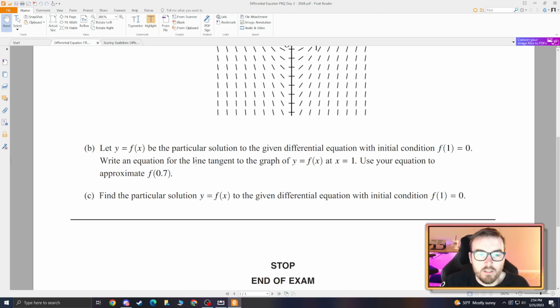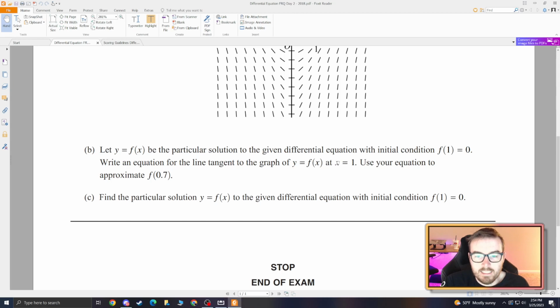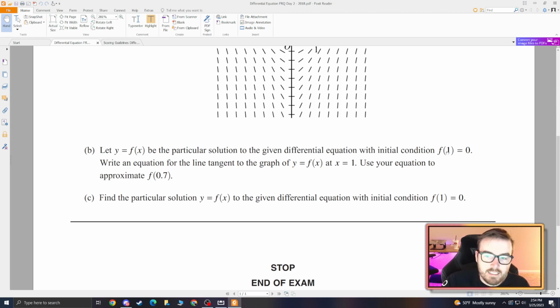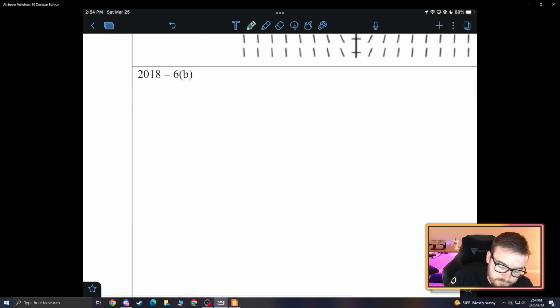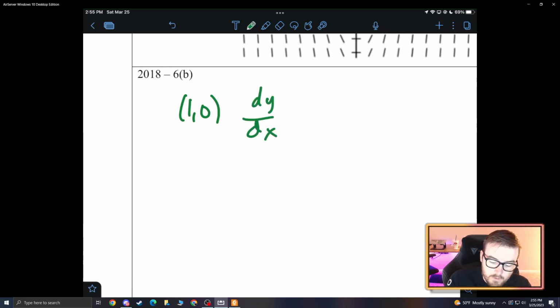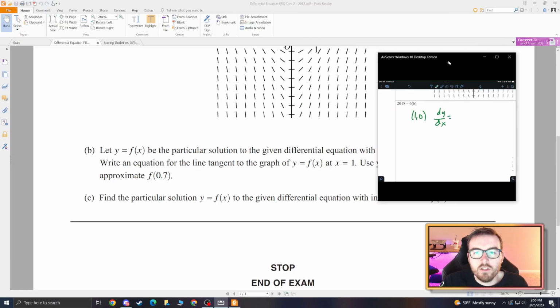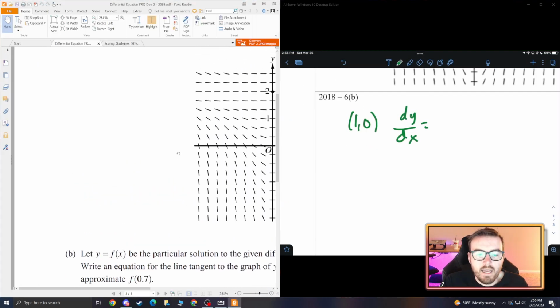They want us to draw a tangent line at x equals 1, and at x equals 1, f equals 0. So the point that we are tangent to is (1, 0). Now we need to know the slope. That's going to come from dy/dx.